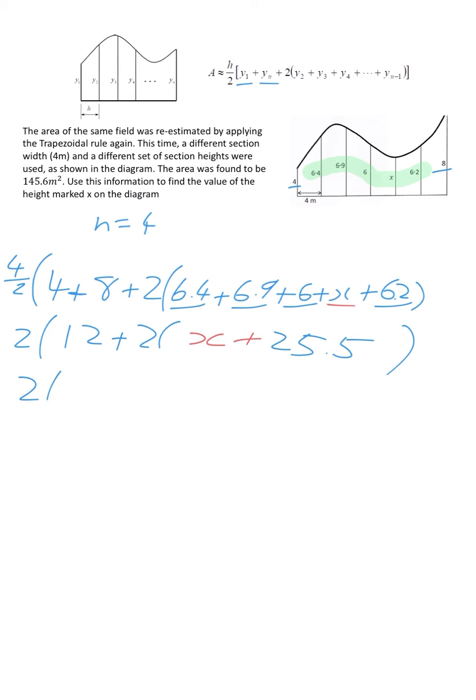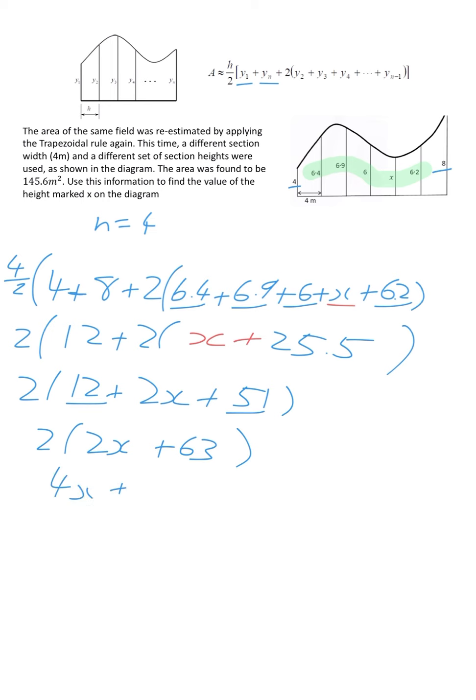Okay, so I'm going to have 2 now times 12 plus, expand this bracket, so that'll be 2x plus 51. I can simplify the 12 and the 51, so that'll leave me with 2x plus 63. Now I can expand this bracket and I'll have 4x plus 126.